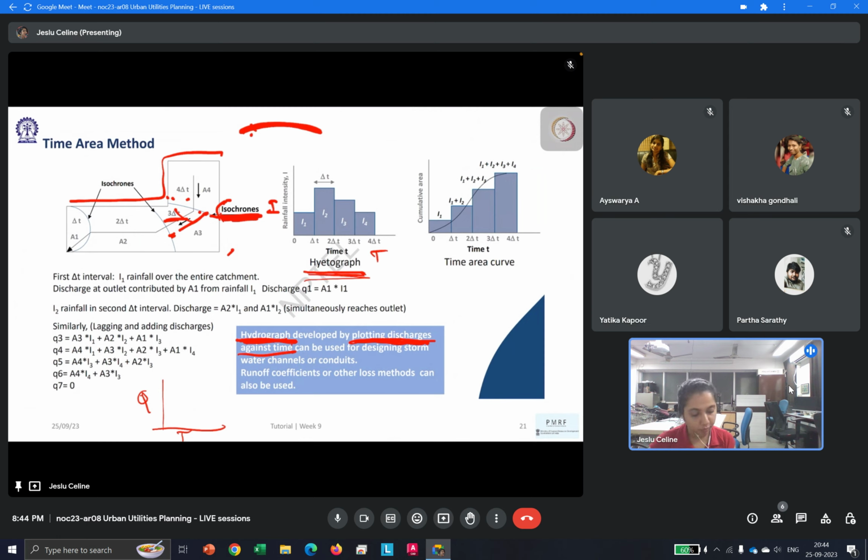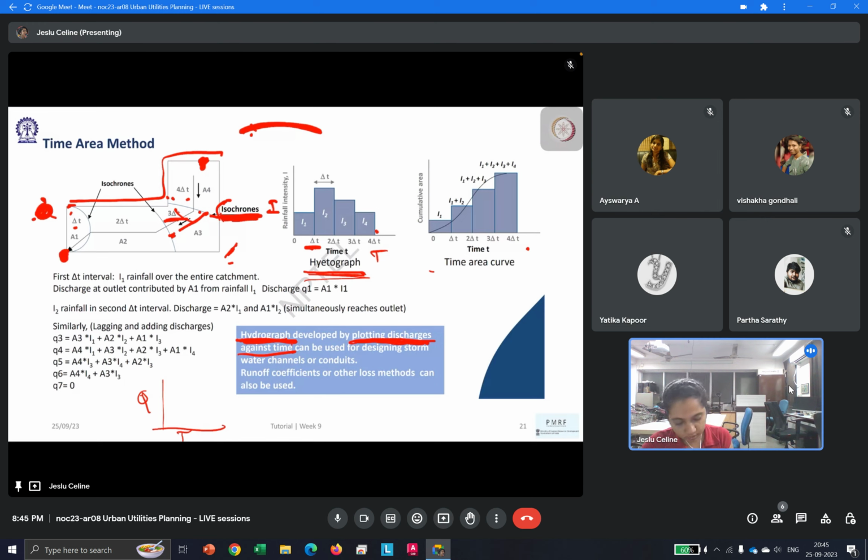And this hydrograph, we convert it into time and area. How? You know this one. In delta T, what is the intensity of rainfall which is there? Now you're looking at the area. So here you have the area. Let's say we are starting from A4, and it is coming to this point.